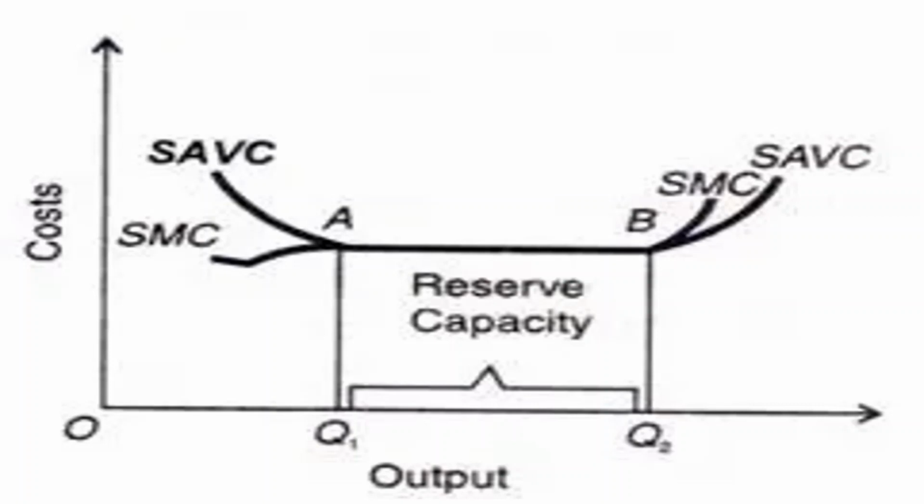The short-run average variable cost curve in the modern theory has a saucer type shape, that is, it is broadly U-shaped but has a flat stretch over a range of output as in the above figure. The flat stretch corresponds to the built-in plant reserve capacity. Over this stretch, the short-run average variable cost is equal to the marginal cost, both being constant per unit of output, where MC is a straight line that coincides with the AVC.